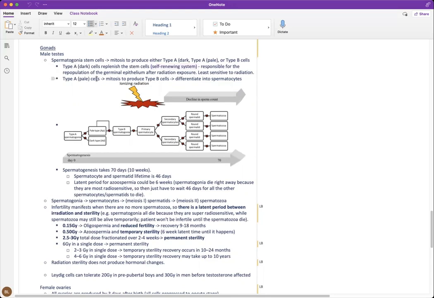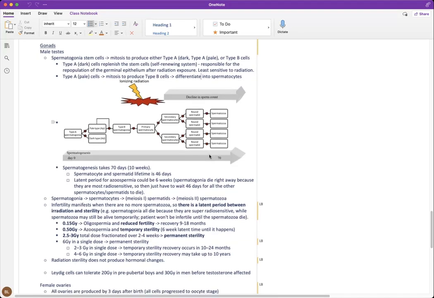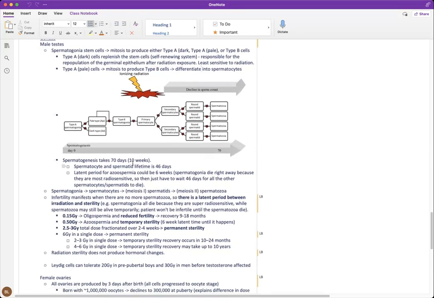Type A pale cells, these will undergo mitosis to produce type B cells, and type B cells are what differentiate into spermatocytes. Here's a diagram kind of showing what I just described. Spermatogenesis takes 70 days or 10 weeks, or 2.5 months.